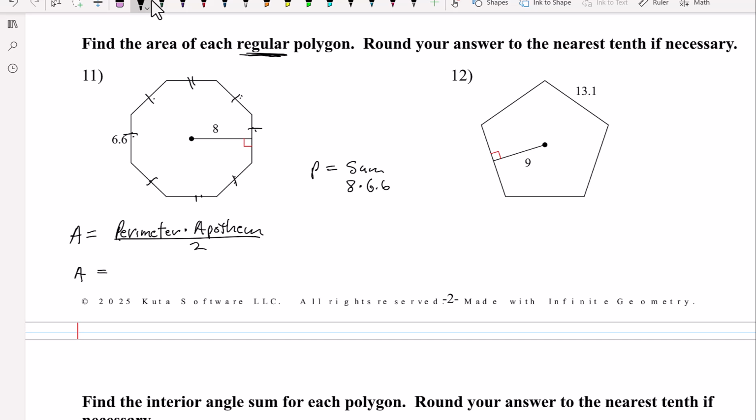So it's the perimeter. So 8 times 6.6, and maybe I'll just go ahead and put that in here. 8 times 6.6 times the apothem.